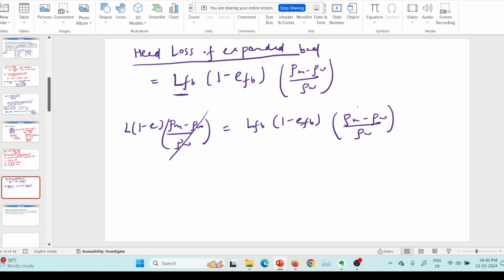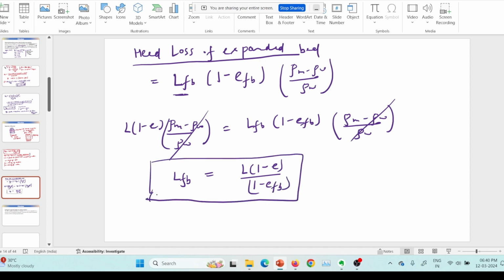So this term will be cancelled, and the depth of the expanded bed will be L1 minus E divided by 1 minus EFB. So this will be the depth of the expanded bed.